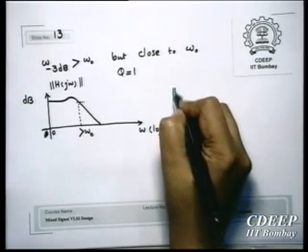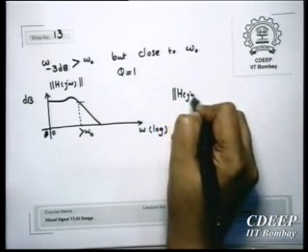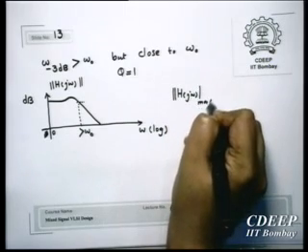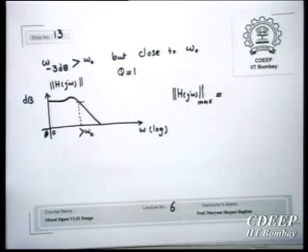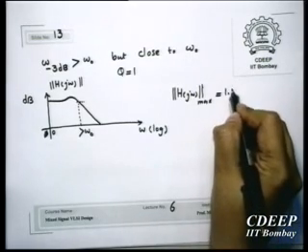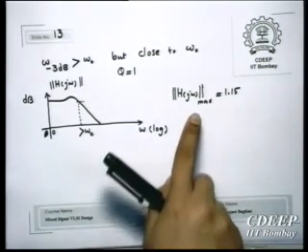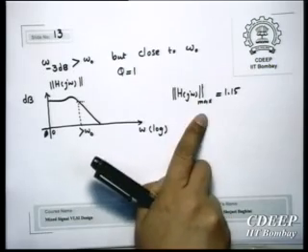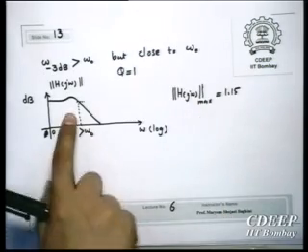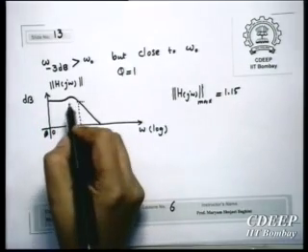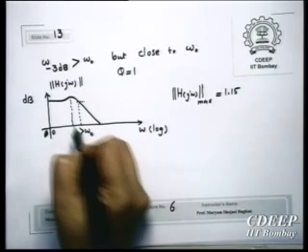And you may know the peak value of this will be equal to 1.15. We just need to make the derivative of this magnitude with respect to omega equal to 0. Therefore, that will give you omega peak.